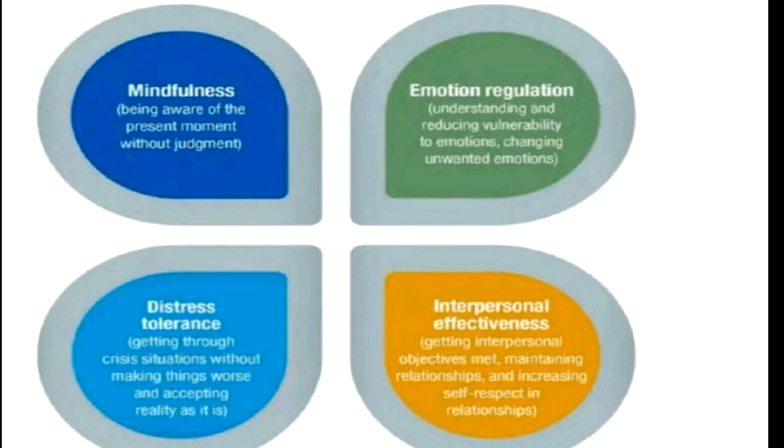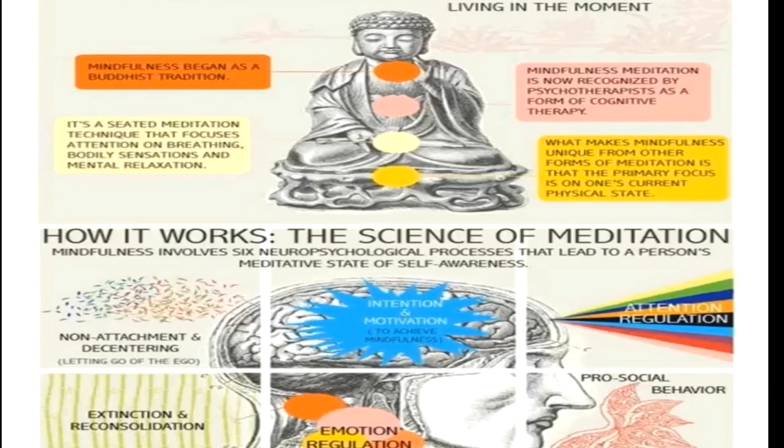Then emotion regulation, how to regulate vulnerable emotions and change unwanted emotions. Then distress tolerance, how to get through crisis situations without making things worse and accepting reality as it is. Finally interpersonal effectiveness, increasing self-respect and improving relationships. So let's move towards mindfulness based therapy.